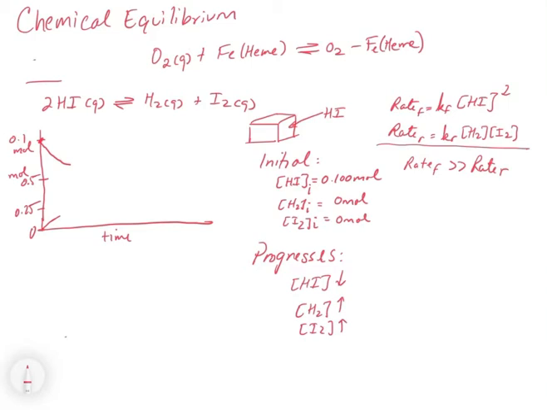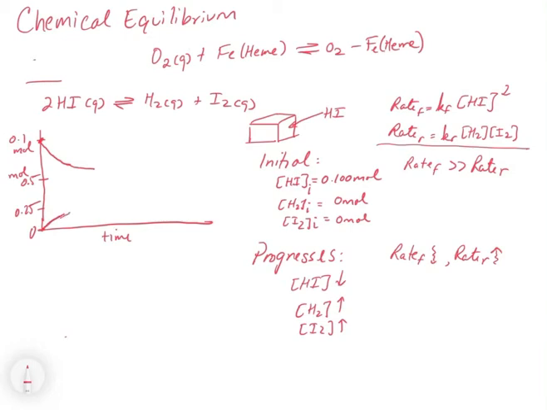And so the rate of the forward is going to start to go down, and the rate of the reverse is going to start to go up. This is going to start to slow down, and then this is going to start to come in.